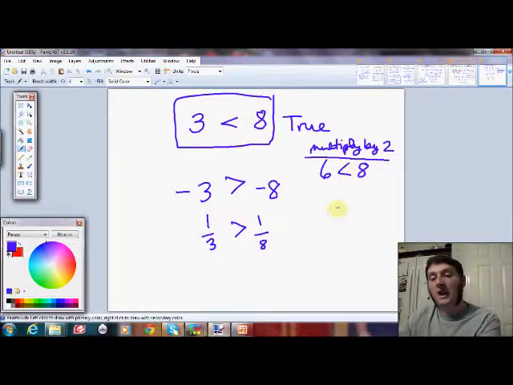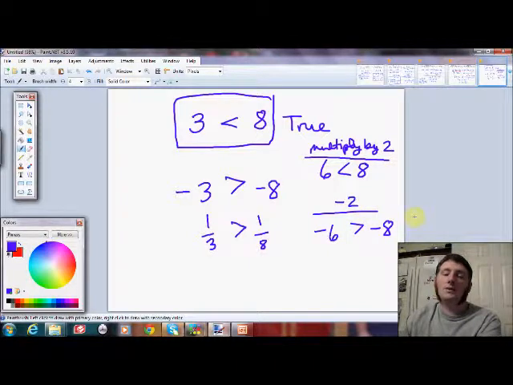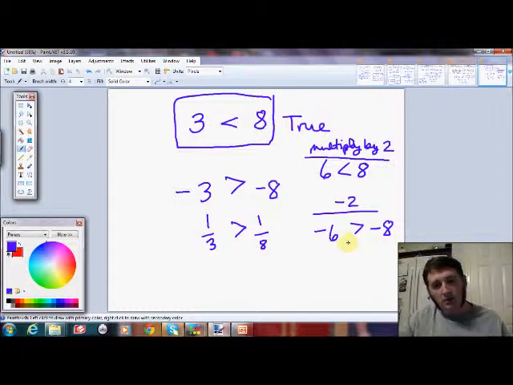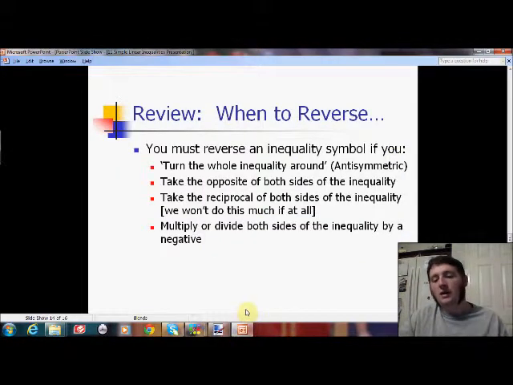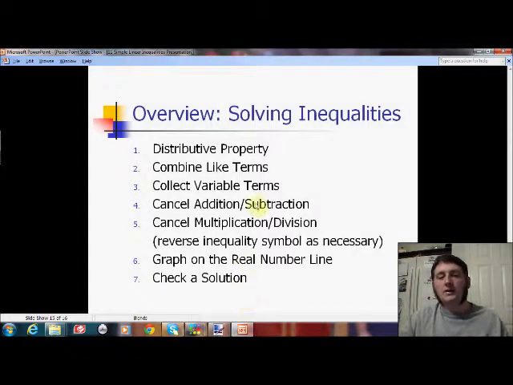But if you multiply by negative 2, you would have negative 6 and negative 8, and that's greater than. So when you multiply by a negative, you also have to reverse the inequality. Alright, that's getting a little long, but I wanted to review all the different ways you might have to reverse the inequality.